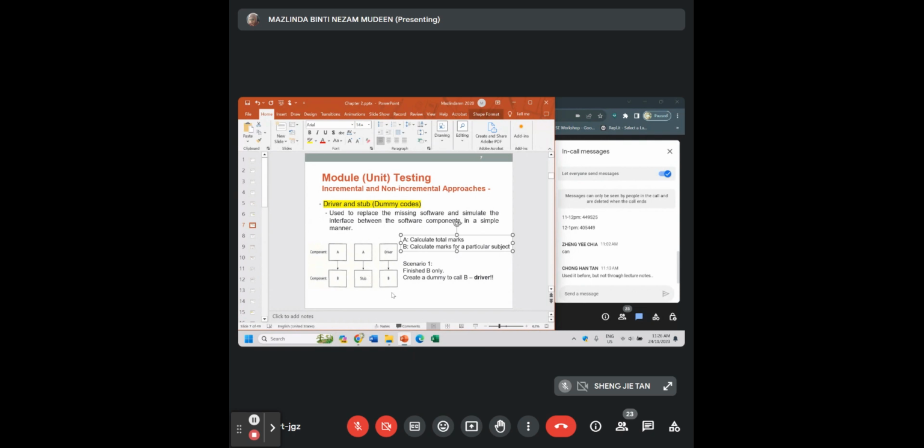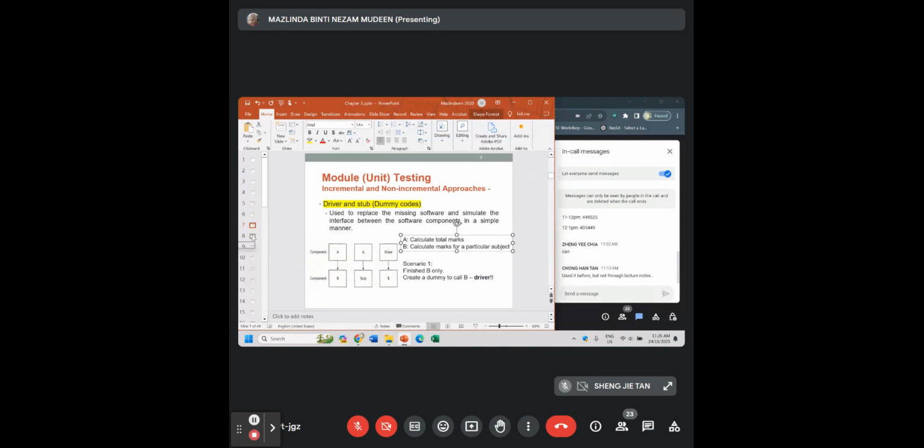I want to test if it's working accordingly. So we create a dummy code, which is the driver, to call component B, because I need to integrate them. I cannot wait until the code is completed, so I use the dummy code to integrate and test.